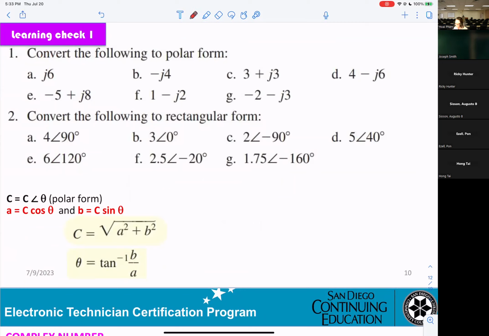B, minus Z4, or 4 angle minus 90 degrees.